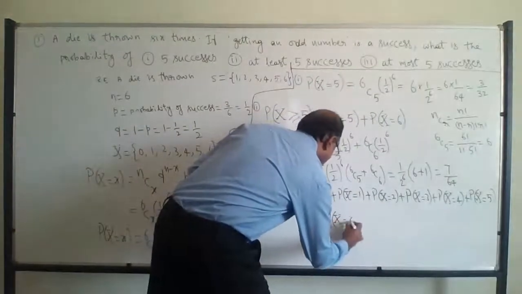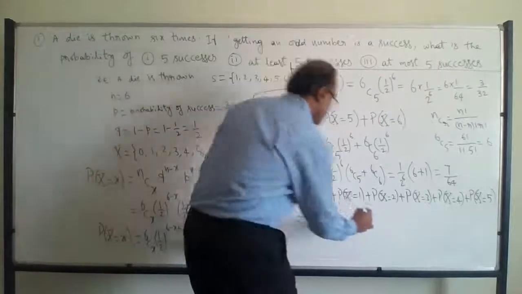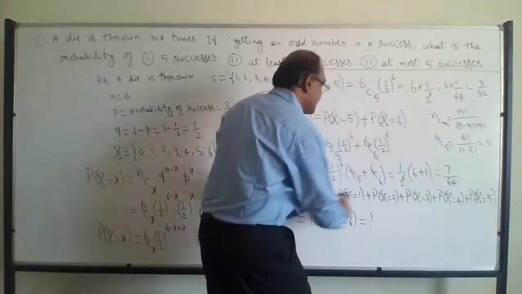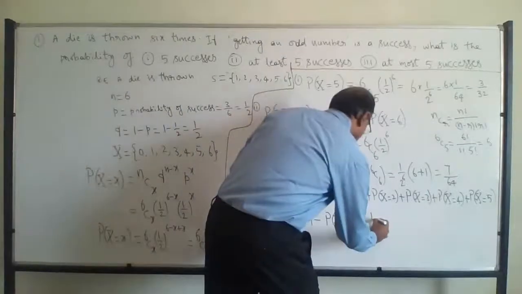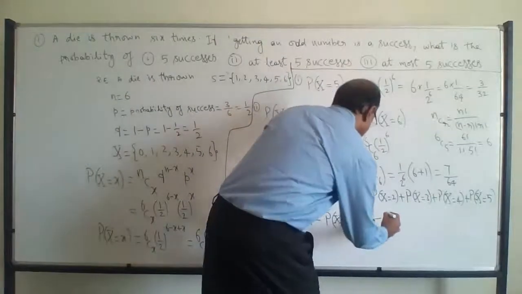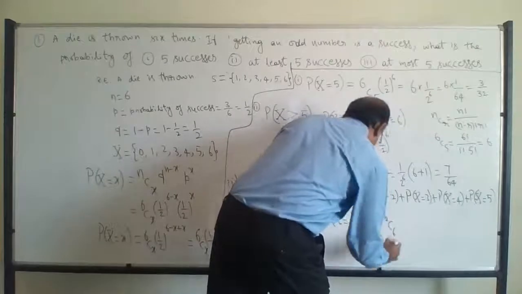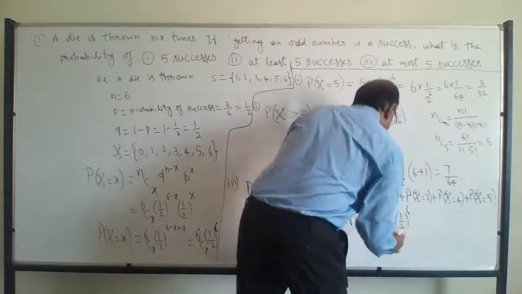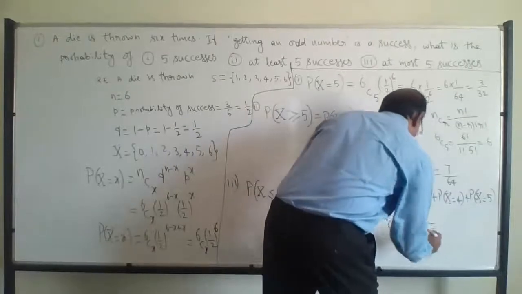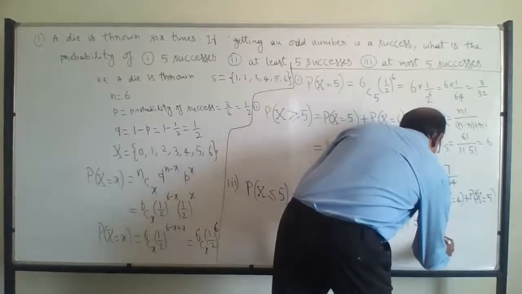Equivalently you can use this kind of technique. Instead of writing 5 times this one, 6 times this one, you can write 1 minus probability of X equals 6. That is 6C6 (1/2)^6. That is 1 minus 1 by 64.